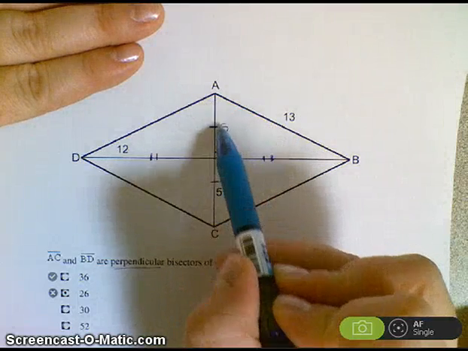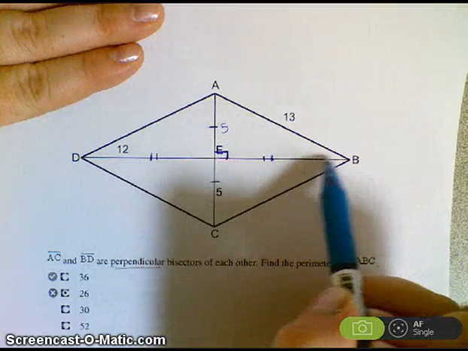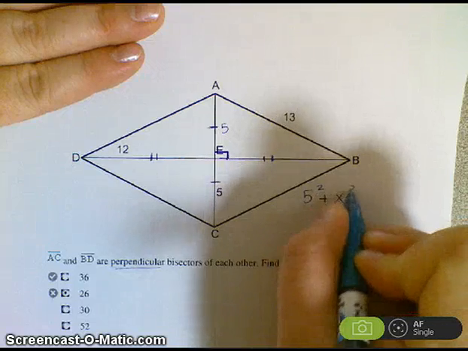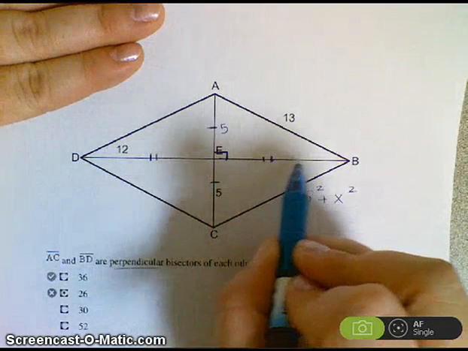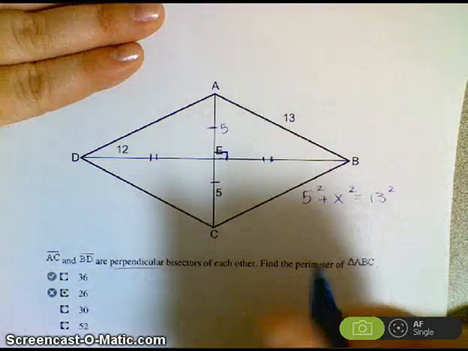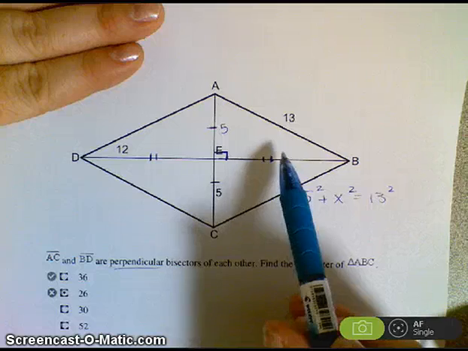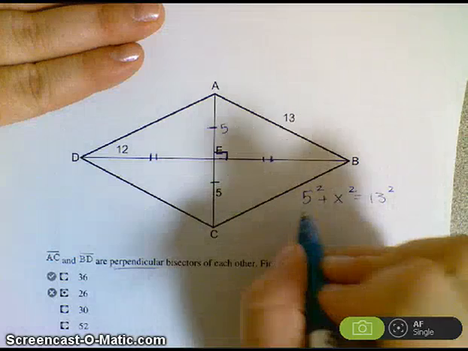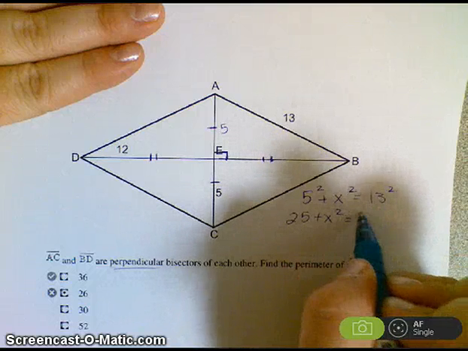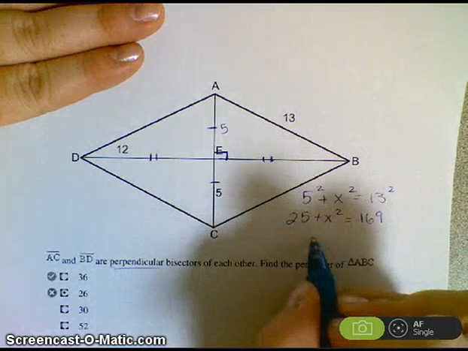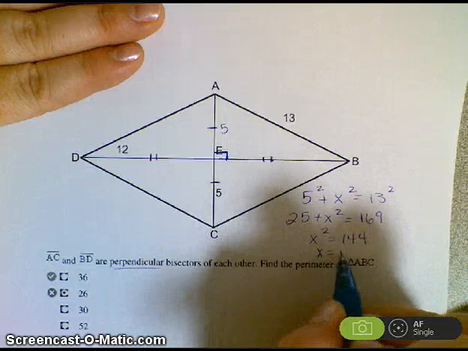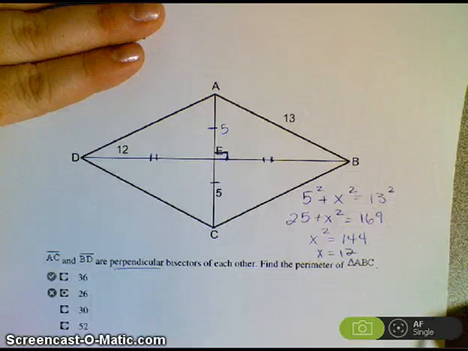In this small right triangle, we would have 5 squared plus x squared, this second leg, equals your hypotenuse squared, 13 squared. So 25 plus x squared equals 169. Subtract your 25, you get 144, and that gives you x as 12.